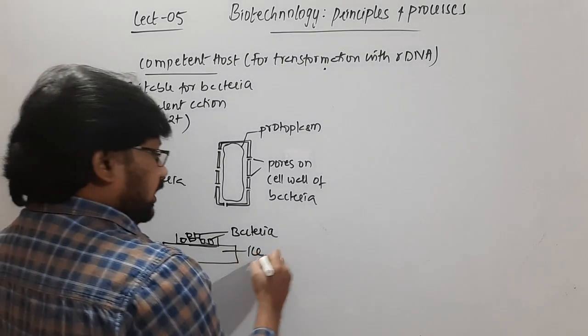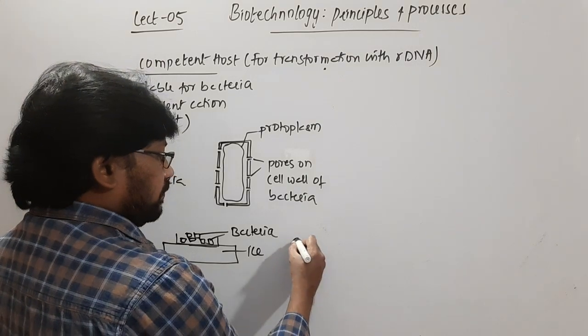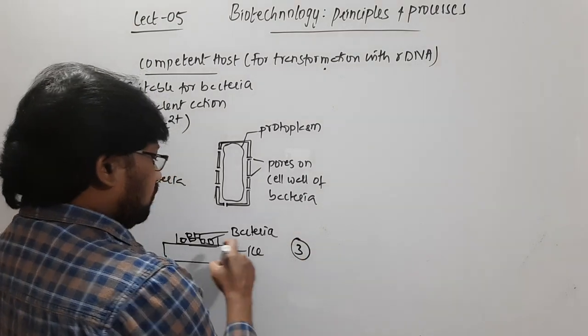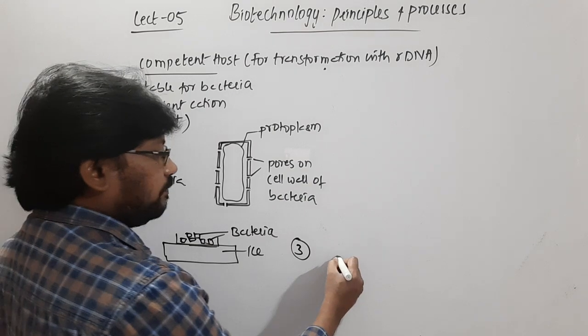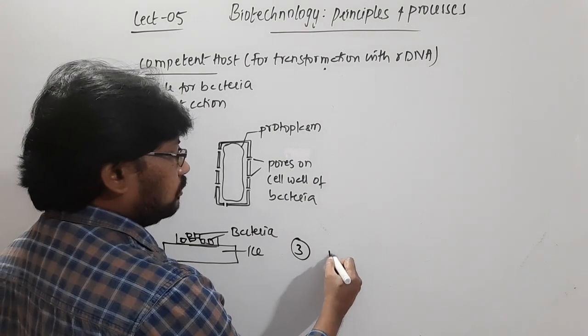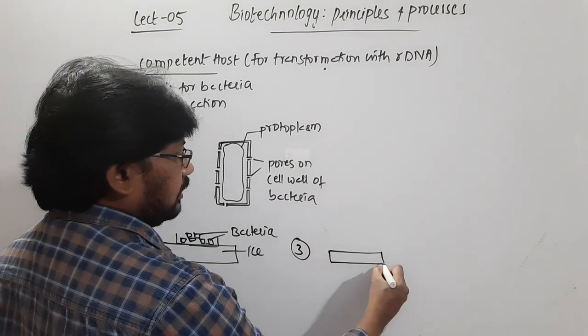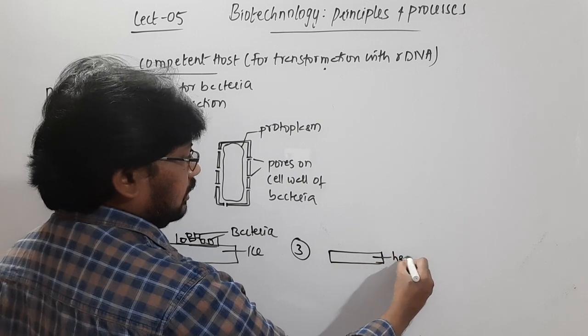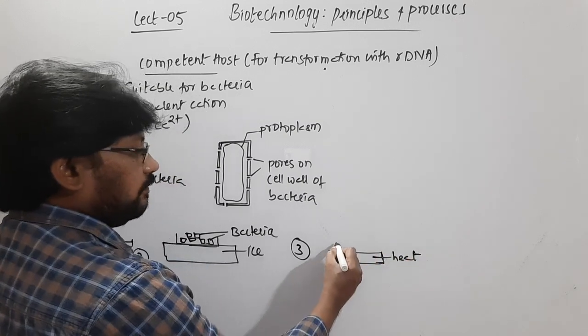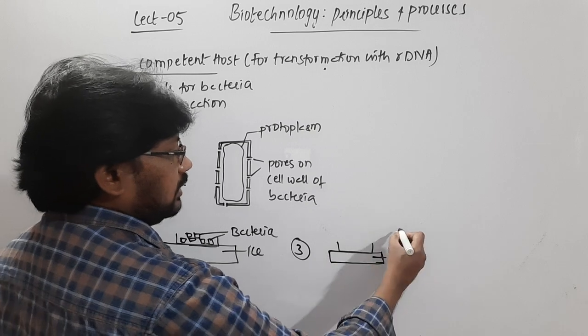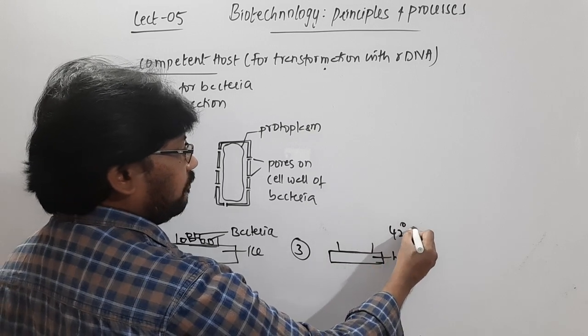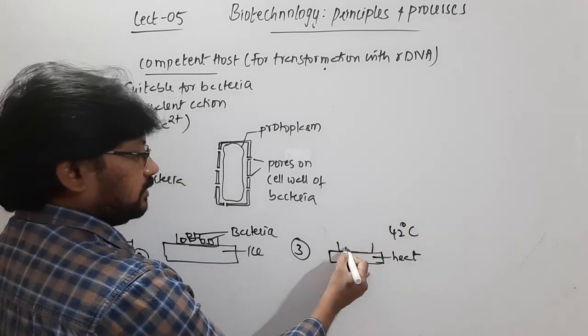Now we need to do a third step, where I'm going to transfer this bacteria onto a heat block, where the heat will be supplied at 42 degrees Celsius.